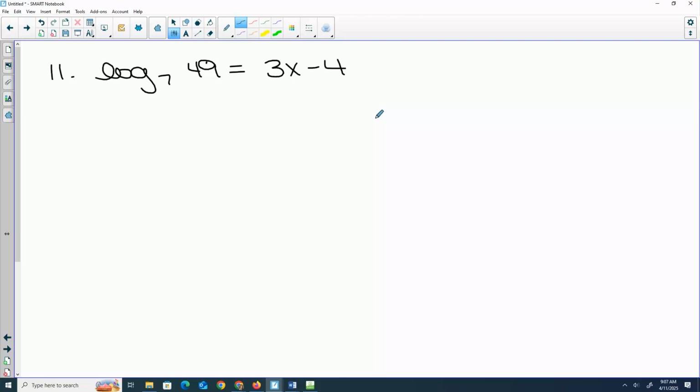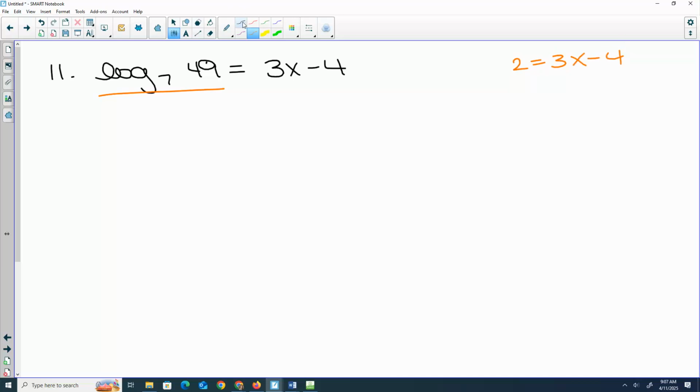Alright, this one there are several options. The easiest option, if you caught it, did anybody just look at log base 7 of 49 and know what that was equal to? What is it equal to? It means 7 to what power equals 49, which would be 2. So if you caught that, it's just 2 equals 3x minus 4.